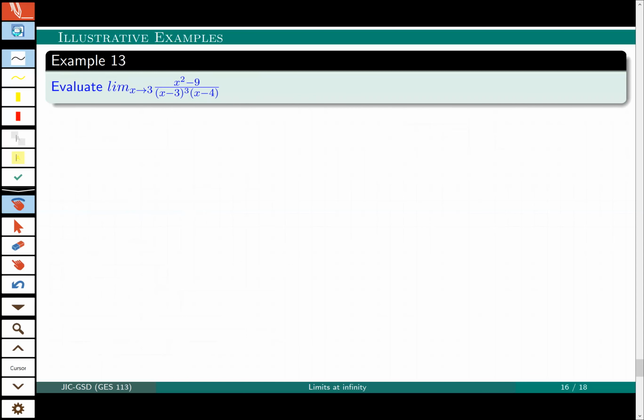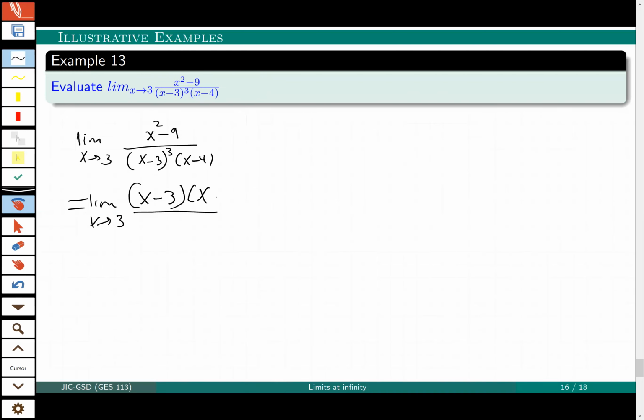Now, similarly, we have here the limit when x goes to 3. I have x squared minus 9 divided by x minus 3 all to the power 3 times x minus 4, and simplify. You will get x minus 3 times x plus 3, first squared minus second squared, divided by x minus 3 all to the power 3 times x minus 4.